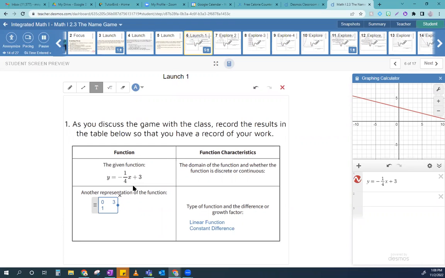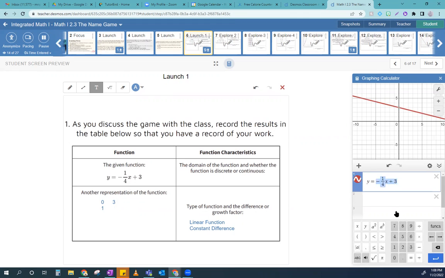Very good. When I plug in 1, what would my y be? Yeah, 2.75, right? If you don't know, you can plug it in here. Look, watch. Take this, copy, paste, and put this as a 1. See? 2.75, yeah.